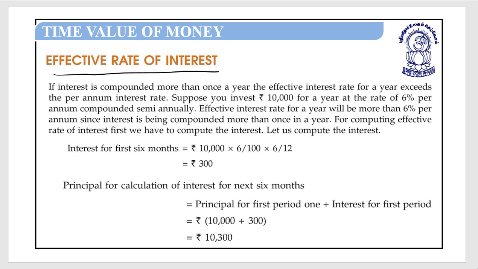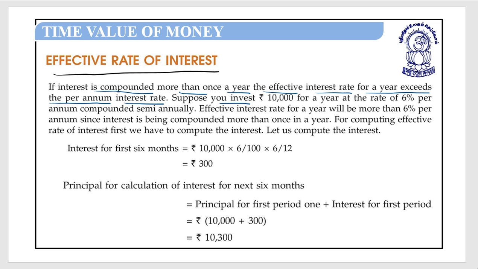If interest is compounded more than once a year, the effective interest rate for a year exceeds the per annum interest rate. Let us understand with an example.